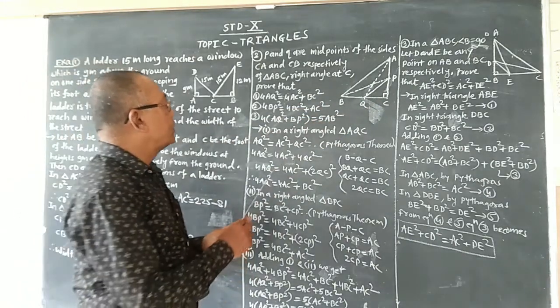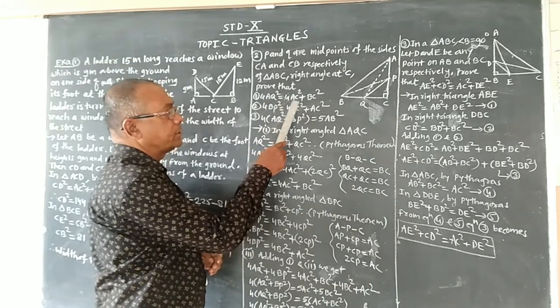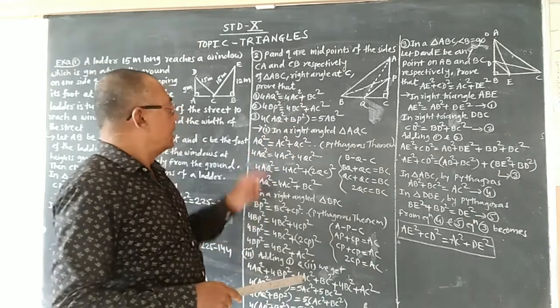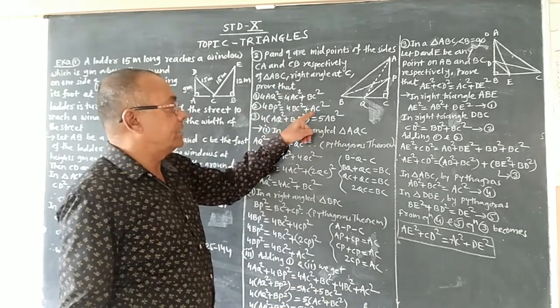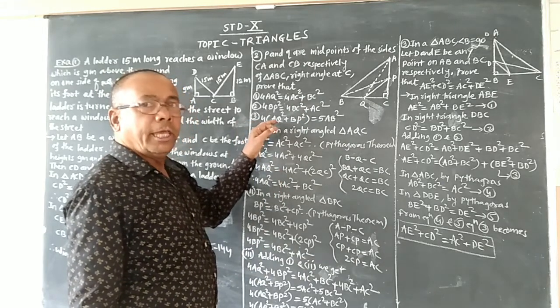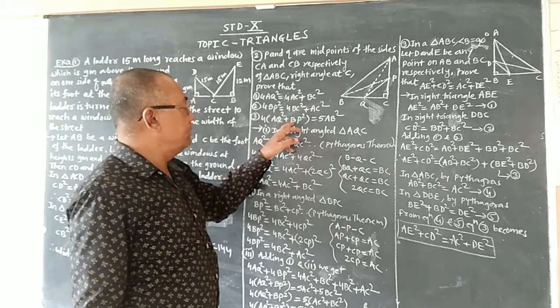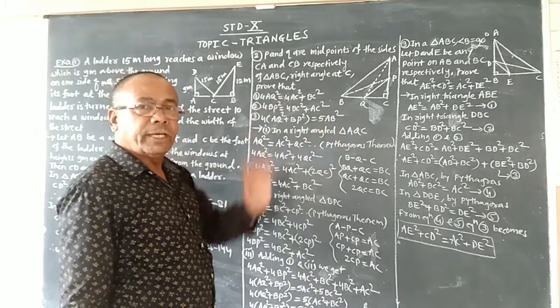Prove that first, 4AQ square is equal to 4AC square plus BC square. Second, 4BP square is equal to 4BC square plus AC square, and the third one is 4AQ square plus BP square is equal to 5AB square.